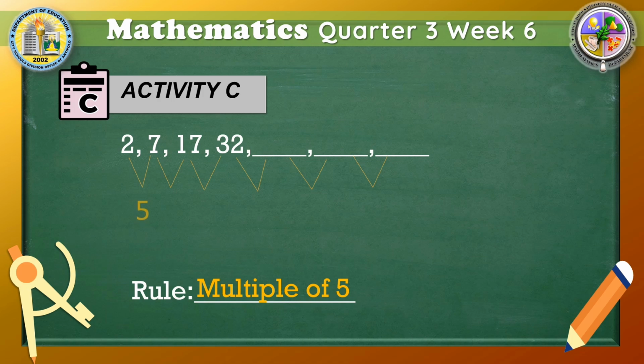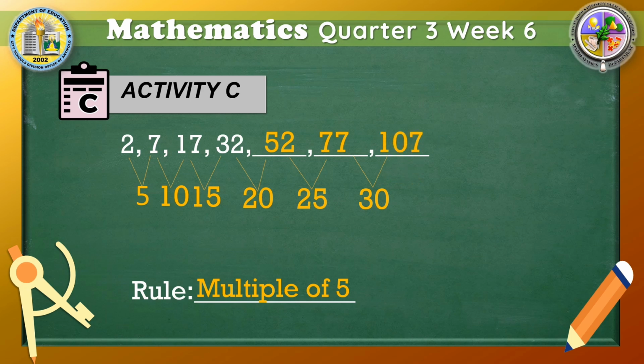Solution: 2 plus 5 is equal to 7. 7 plus 10 is equal to 17. 17 plus 15 is equal to 32. 32 plus 20 is equal to 52. 52 plus 25 is equal to 77. And 77 plus 30 is equal to 107.